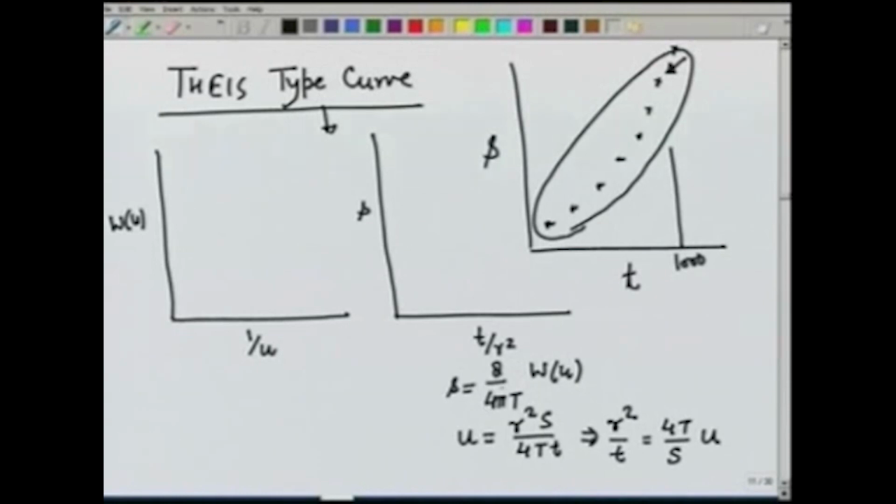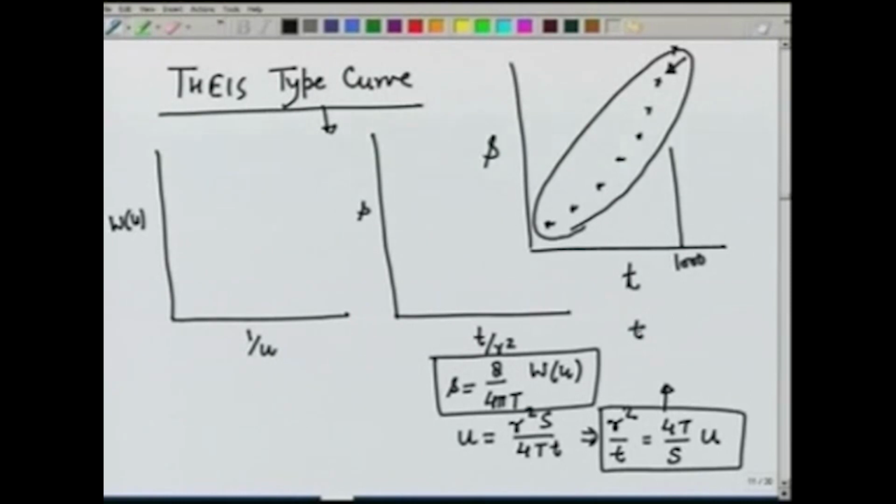So if you compare these two equations, the t over r square, let me write it here in the form of t over r square.